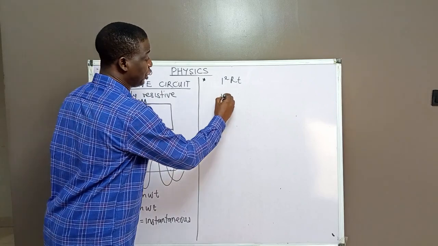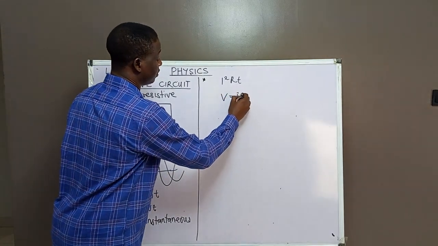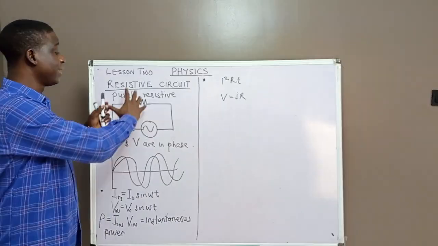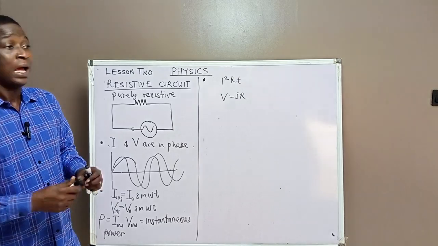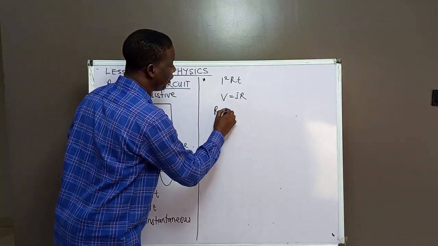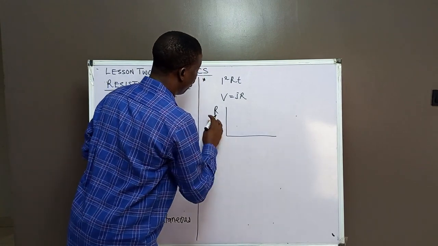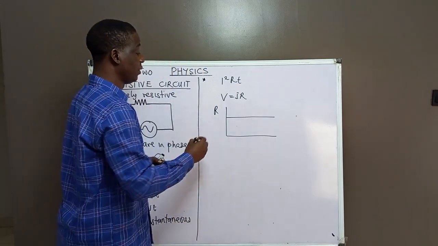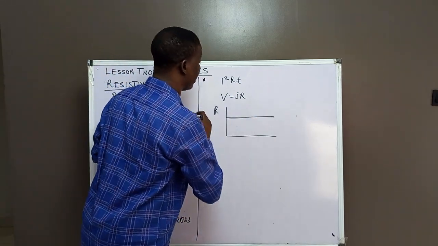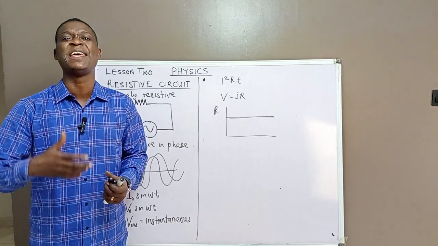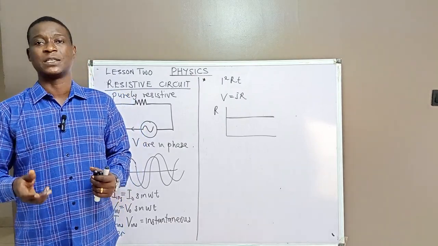Therefore, it means that even a resistive circuit still obeys Ohm's law. And if you plot resistance against frequency, the line will be constant. That means it is going to give us a constant line. That is to tell you that a resistor is independent of frequency.